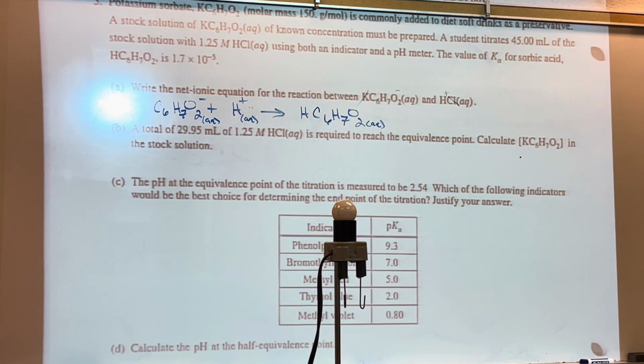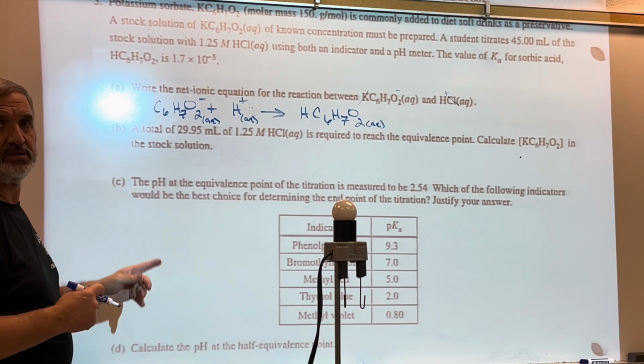A redox reaction is where oxidation numbers change from reactants to products. Composition, decomposition, single replacement, combustion of a hydrocarbon. Anytime you make a pure element, the oxidation states always change. Double replacement reactions are the only ones that are not redox reactions.